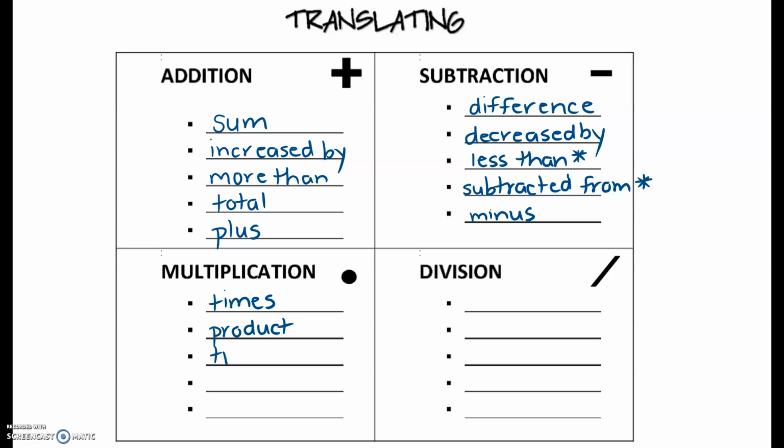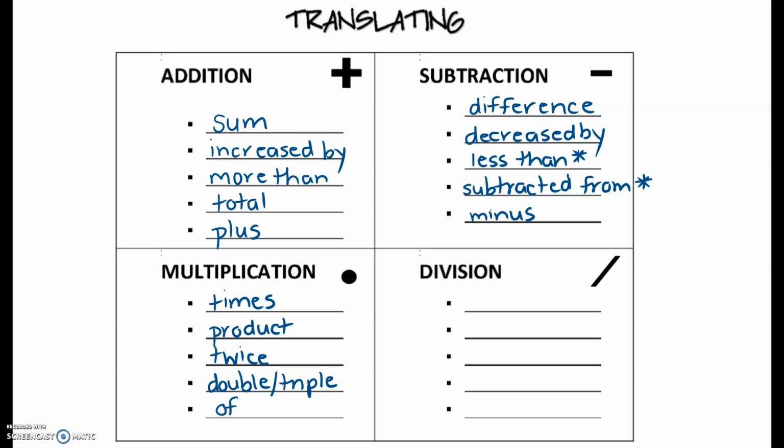And then the word twice would indicate that I should multiply something 2 times, as well as the words double or triple could indicate to us that we should multiply by 2 or 3. The last one is the word of. You have to be careful about how that word is used because sometimes it is used within a statement and it doesn't indicate multiplication. But if we are trying to find half of a number, that of indicates to us that we should be multiplying by a half.